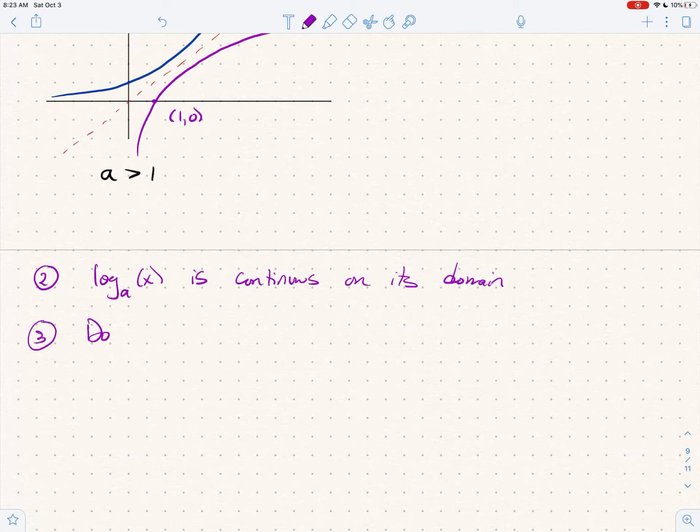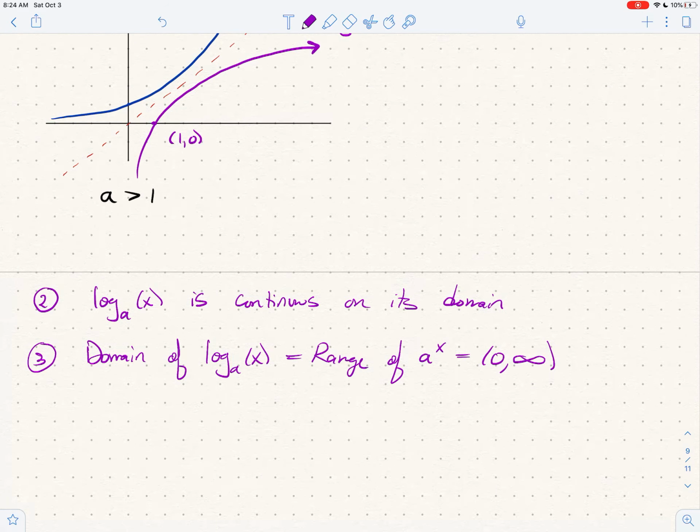The domain of the logarithm, log base a of x, is equal to the range of the exponential function a to the x, which we know is 0 to infinity. So you can't plug 0 or negatives into logarithms.